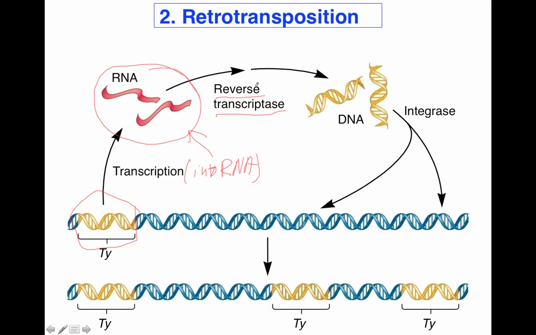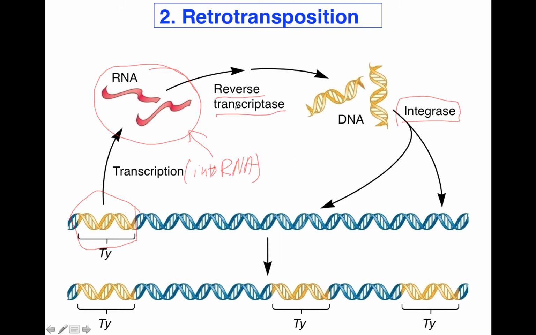It's first transcribed into DNA, and then the RNA is degraded, and you copy the DNA into double-stranded DNA. Then a second enzyme called integrase nicks the DNA of the chromosome and inserts this new little piece of DNA that originally came from a transposable element. So in the end, you have multiple copies of the transposable element within a genome.